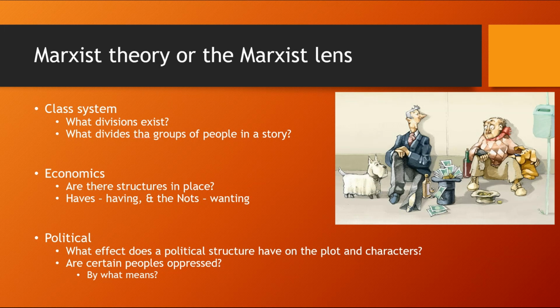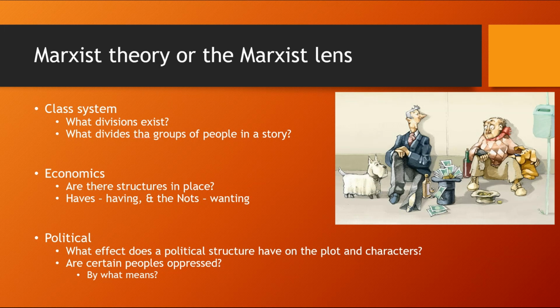Even the political structures in a story. What effects do the policies and the politics within the story have on the plot and the characters? Are certain characters oppressed, and by what means? Think of The Hunger Games and how all the districts were really downtrodden by the Capitol, right?